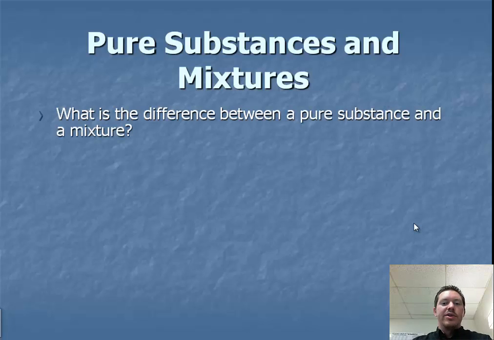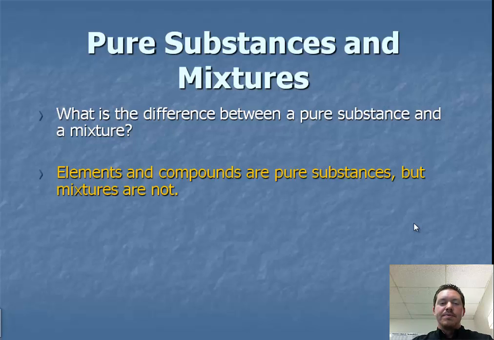Alright, the next thing we're looking at are pure substances and mixtures. So what's the difference between a pure substance and a mixture? Elements and compounds can be categorized as pure substances, and mixtures are not a pure substance. But we can have compounds that are part of a mixture, where they aren't categorized as a pure substance anymore.